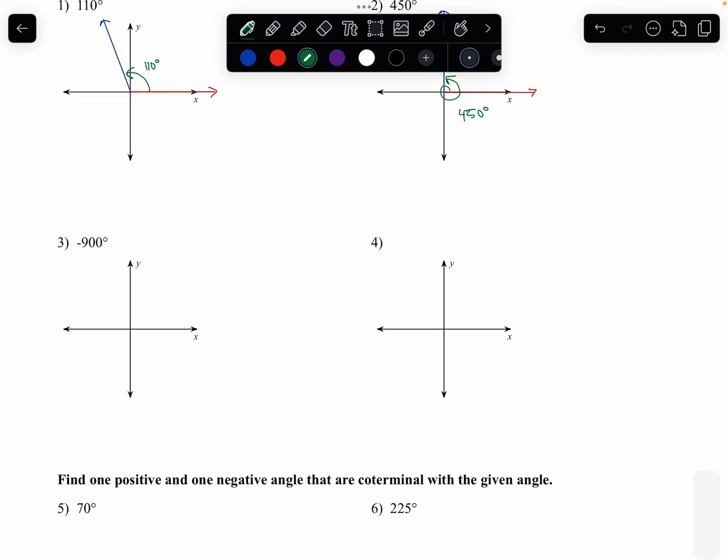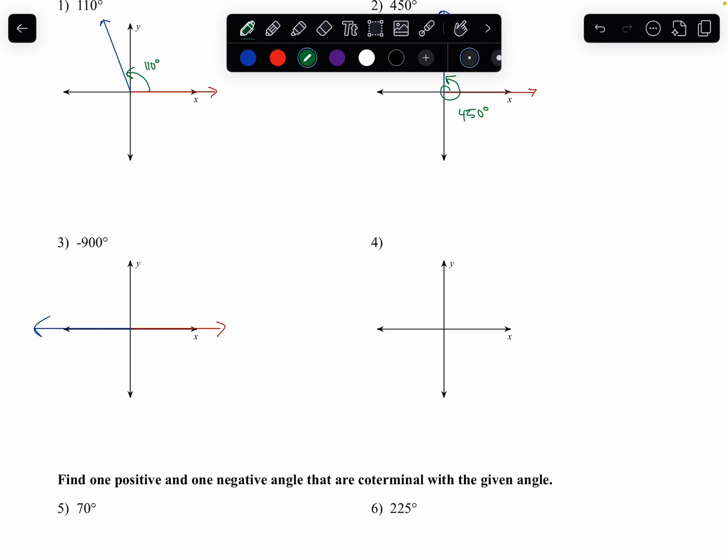Negative 900, so in this case right here, let's see, 900 minus 360 minus 360, and I get 180. So the initial side, of course, will be on the positive x-axis, and then we have to rotate clockwise, so we're going to rotate 360, 360, and 180.